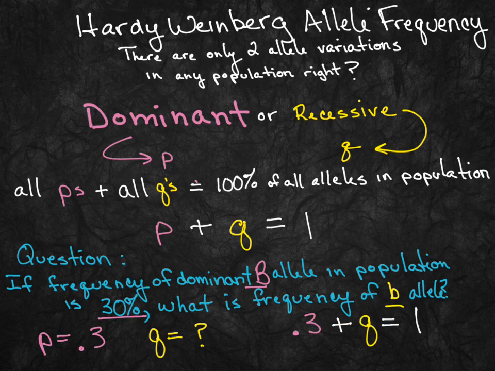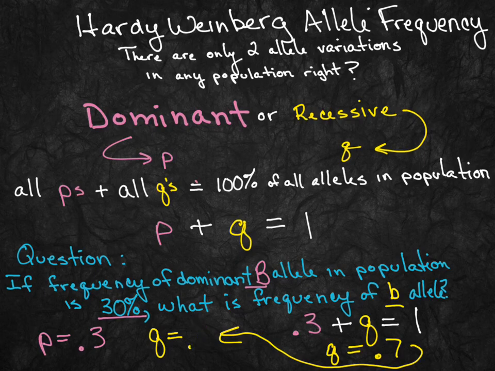P is 0.3. We don't know what Q is, and that equals 1. So now let's solve for Q. Q must be 0.7 because 0.3 plus 0.7 equals 1. So Q equals 0.7. Okay?